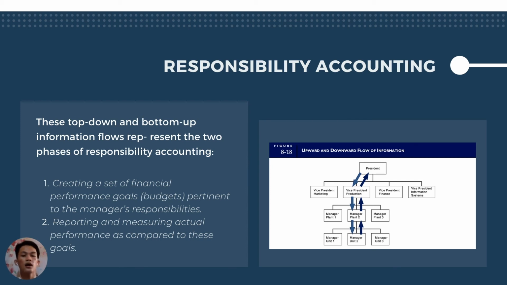Why I say so, let us notice the illustration here, the upward and downward flow of information. From the higher level of management, that's where the allocated budget came from.